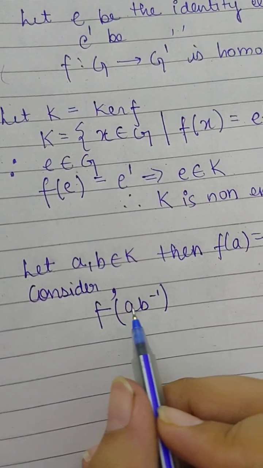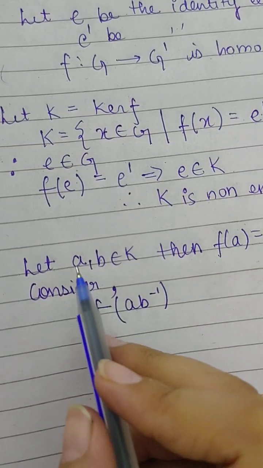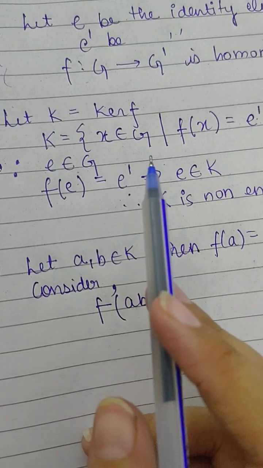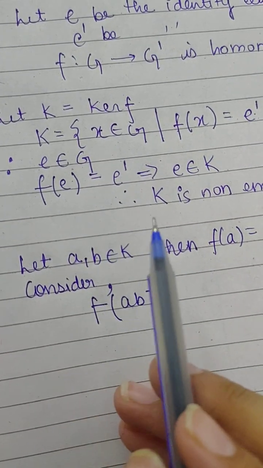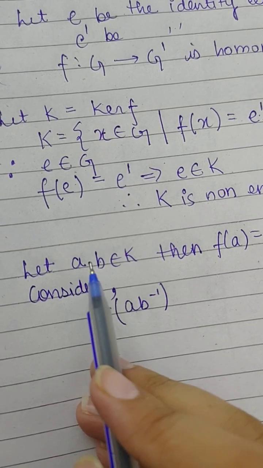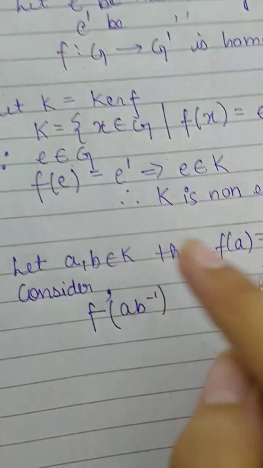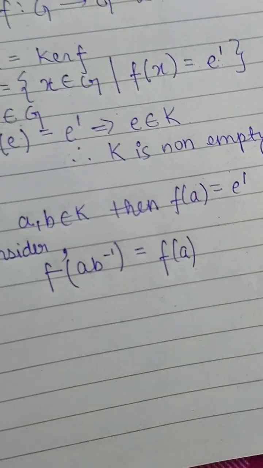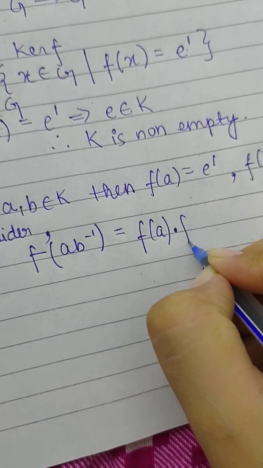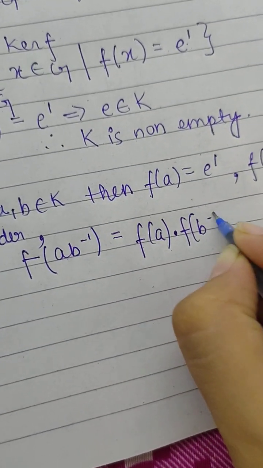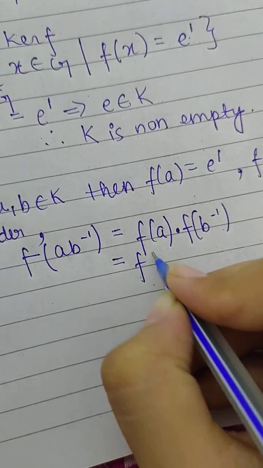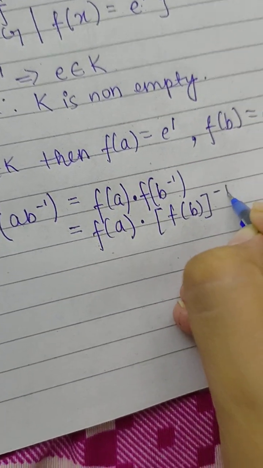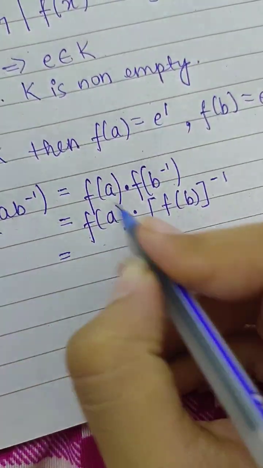Now if you have any doubt about where this a b inverse comes from, we know that a, b come from K. K is a non-empty subset of G, and G is a group, right? Now moving forward, we are using the property of homomorphism because it was said that f from G to G dash is a homomorphism. You know this property of homomorphism, I believe. Now, what is f of a?